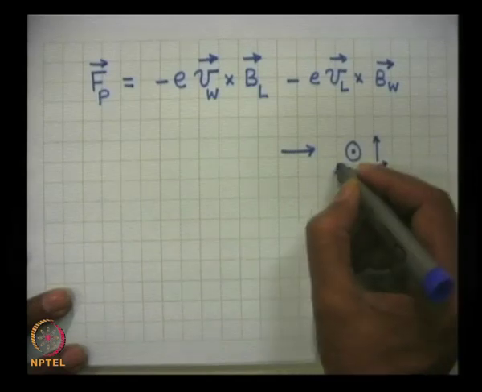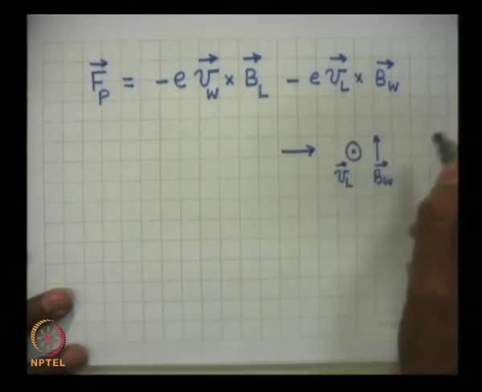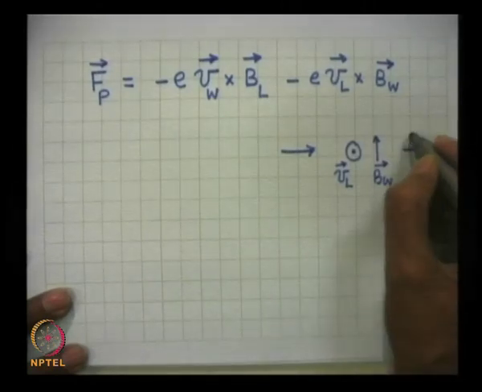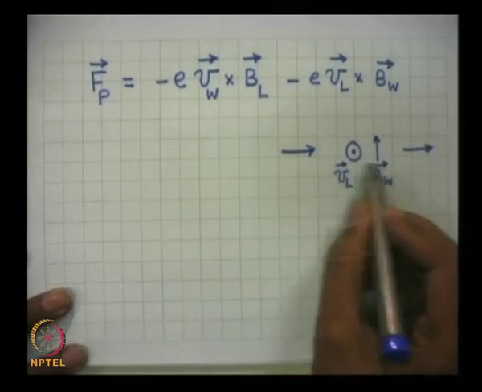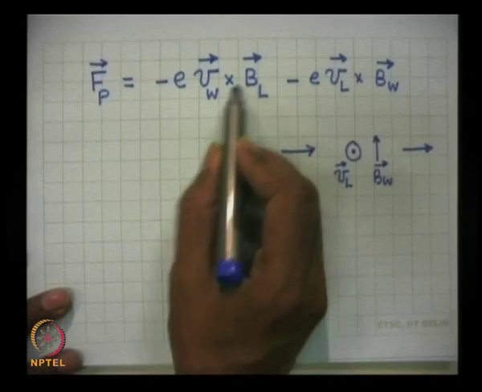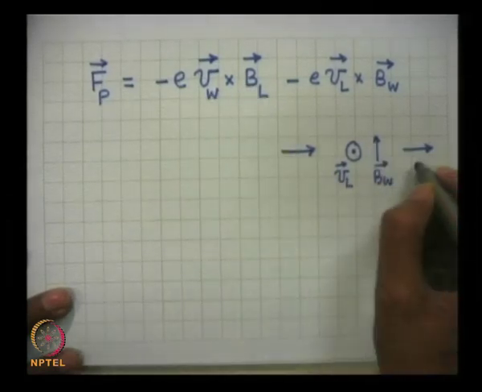They are perpendicular to each other and their cross product will have a direction. This is the direction. So, this will exert a force along the direction of propagation of the beam, VL cross BW, because both are transverse quantities, and hence their cross product will produce a Z component of Fp.